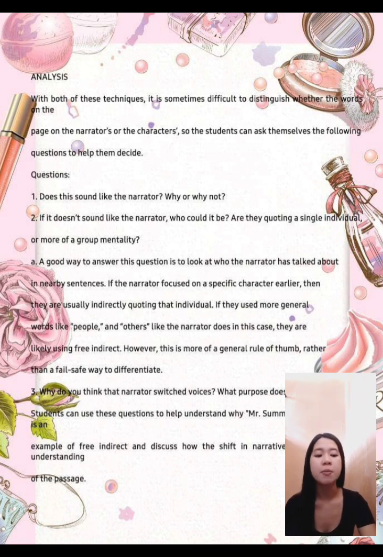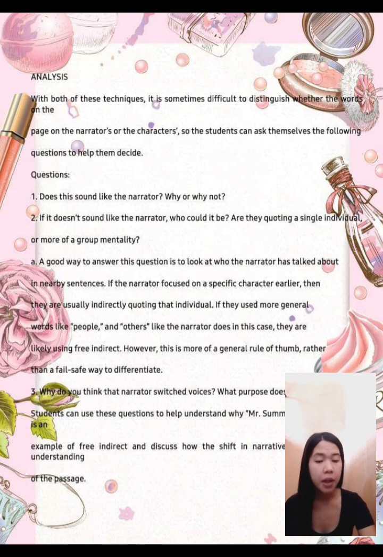However, this is more of a general rule of thumb rather than a fully safe way to differentiate. Number 3, why do you think the narrator switches voices? What purpose does it serve? Students can use this question to help understand why Mr. Summers was very good.